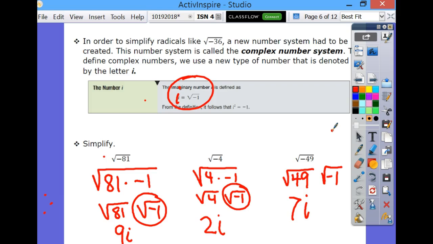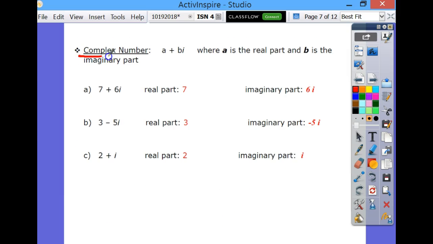And when you do electricity kind of problems, your numbers have a real number part and an imaginary number part. If you put both of those together, that is called a complex number. A complex number has a real part and it also has an imaginary part.